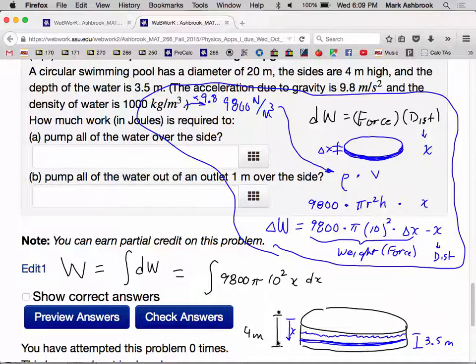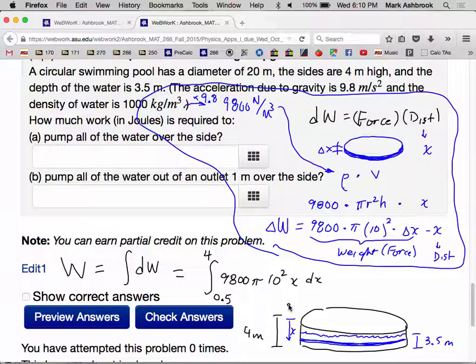So if the total depth is 4.5 and the water is 3.5 high, then what value of x is the first layer? 0.5 is your first layer. That's how far the top layer has to move, 0.5 meters, all the way down to the last layer. So x is going to vary from 0.5 to, the last layer has to move how far? 4. So that's it.